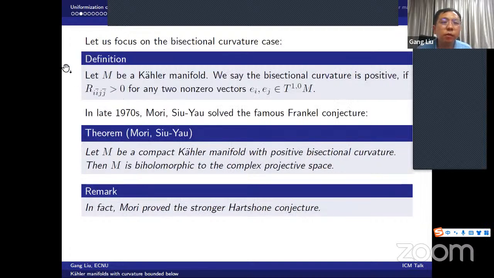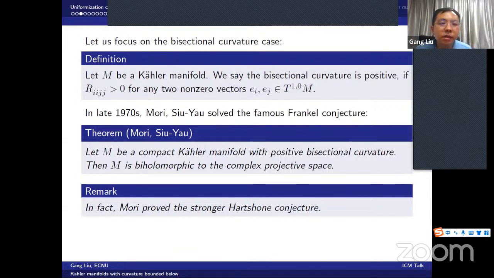So let us just focus on the bisectional curvature case. So let M be a Kähler manifold. We say the bisectional curvature is positive if R_{i\bar i j\bar j} is positive for any two non-zero vectors e_i, e_j in the holomorphic tangent space.